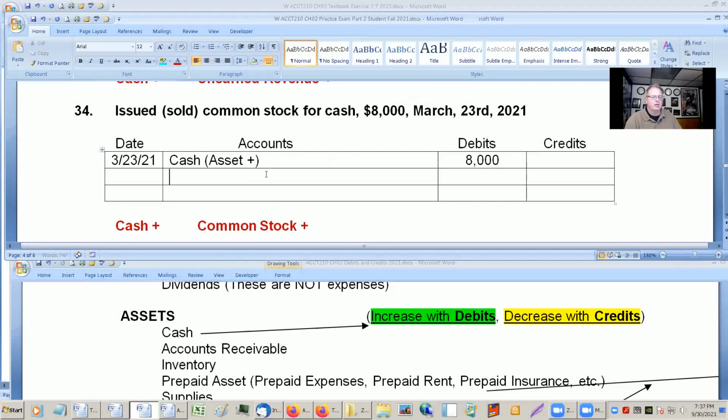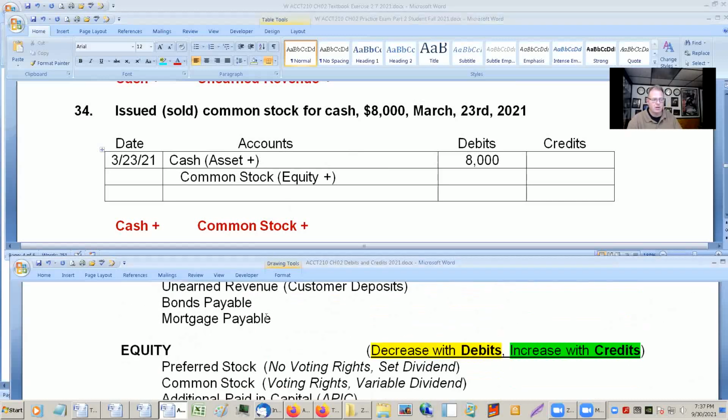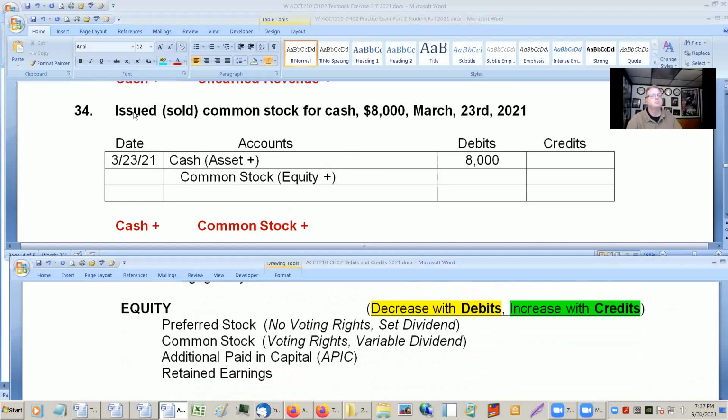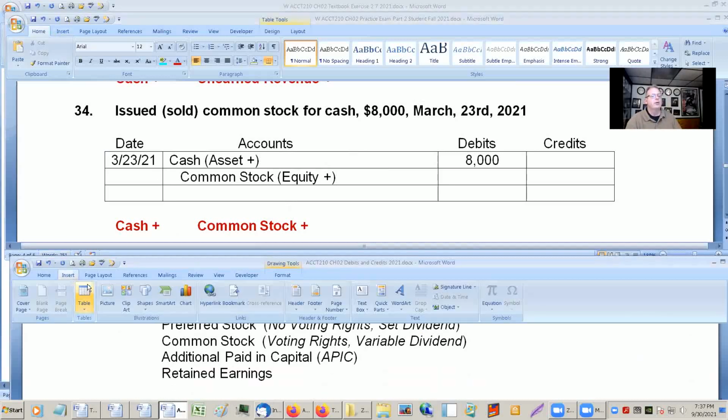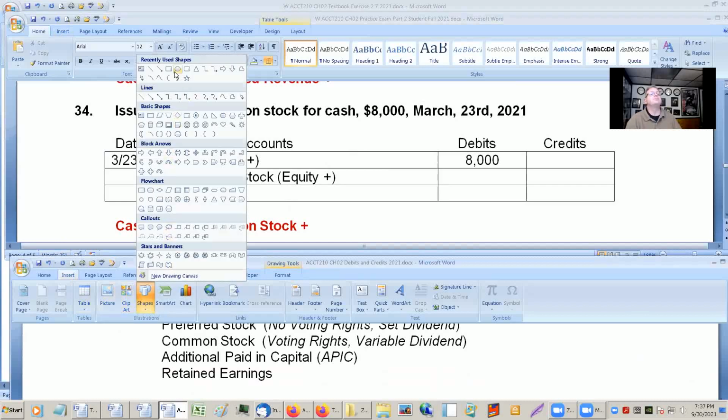And common stock, an equity account, is also going up.